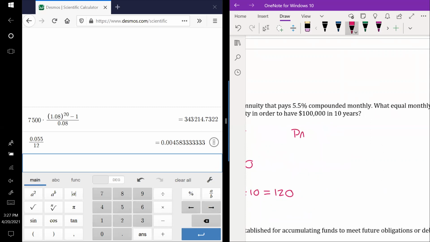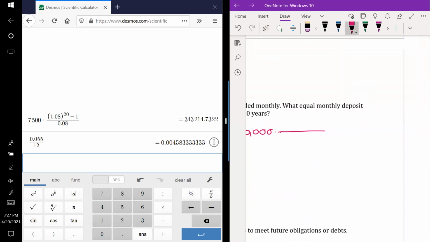So here we'll get payment equals 100,000 times, I think it's I, which is 0.055 over 12, over 1 plus 0.055 over 12 raised to the 1/20th, minus 1.